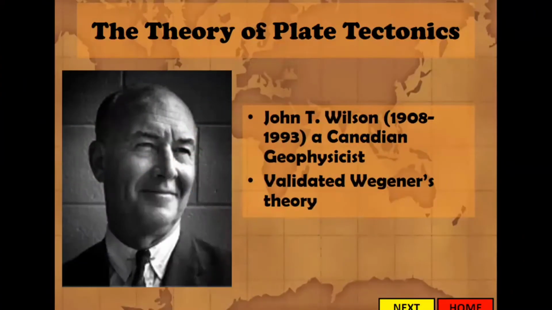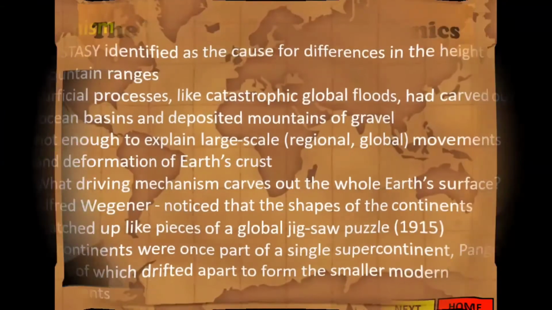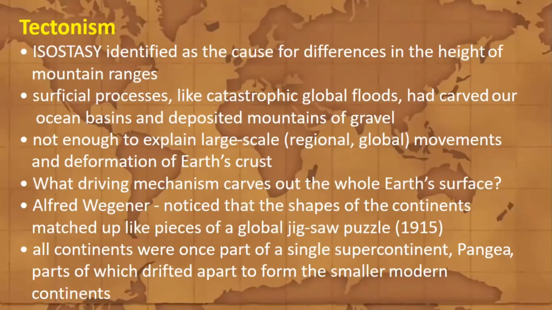Speaking of plate tectonics, John Wilson in 1908 validated Wegener's theory of plate tectonics. Speaking of tectonism, the isostasy, which is identified as the cause for differences in the height of mountain ranges.